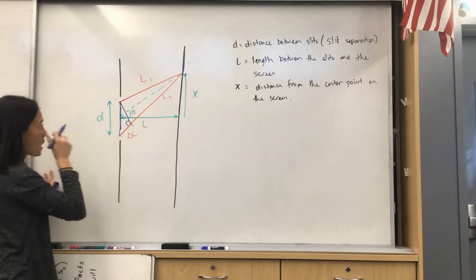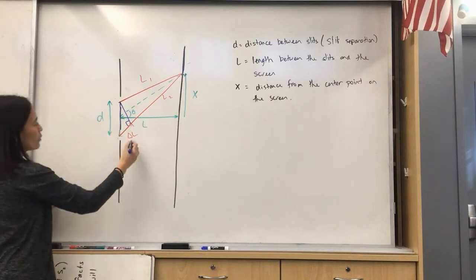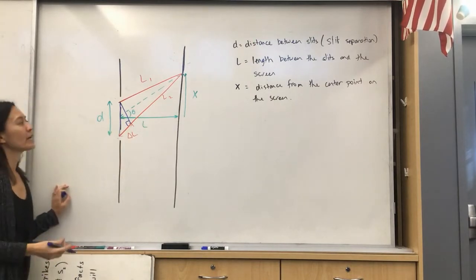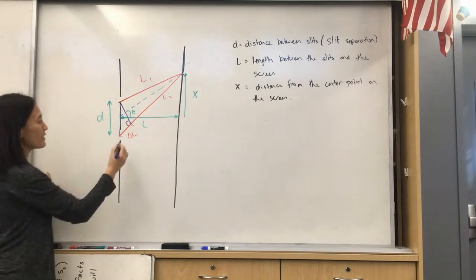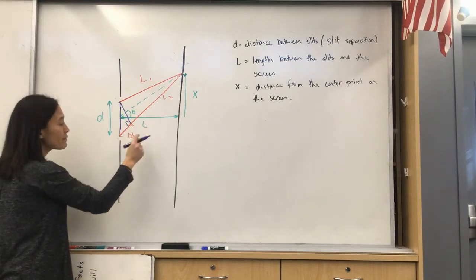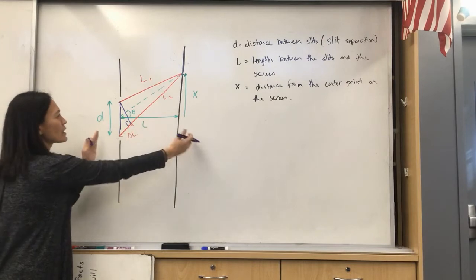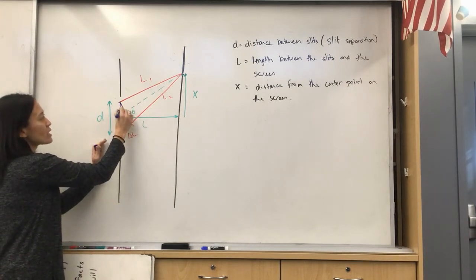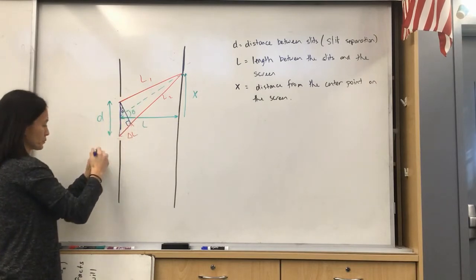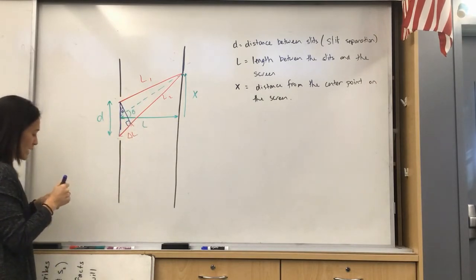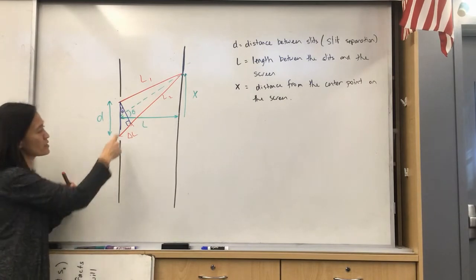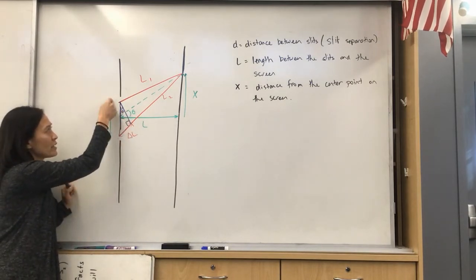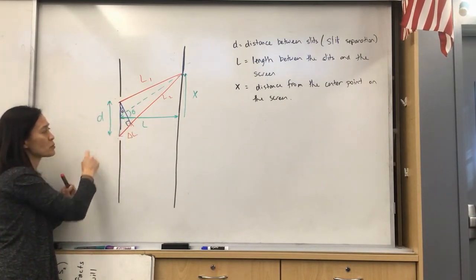And we could model that with a triangle. It's a right triangle. When you look at the geometry of it, and I don't have the time to go into it, if this length is significantly larger than this distance, this angle theta here is the same as this angle theta here. And so this extra length that this wave travels, in this right triangle, here's my theta, this hypotenuse is the distance between the slits.